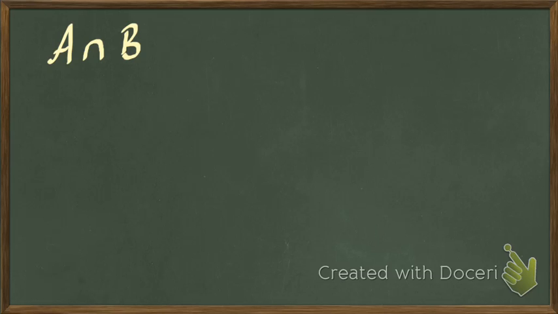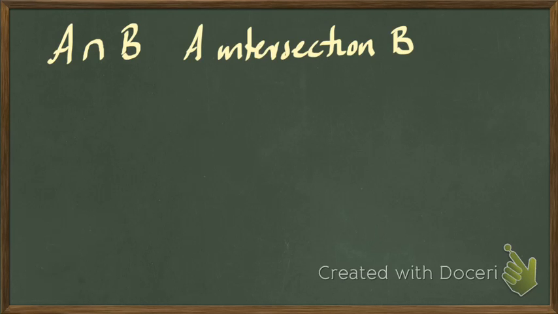There is a symbol, which is actually not N, the letter N. It's a symbol, B. And the way that we read that is A intersection B. Now what that means, or as it can be read, is A and B.